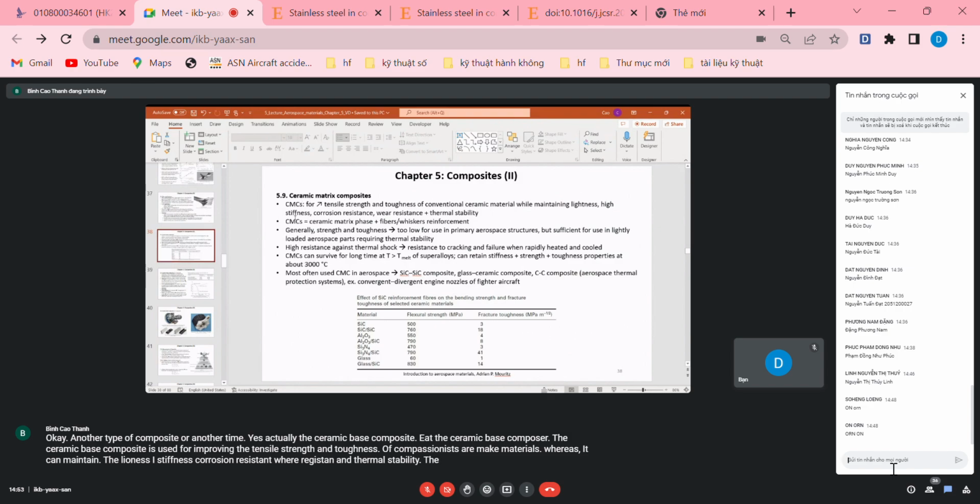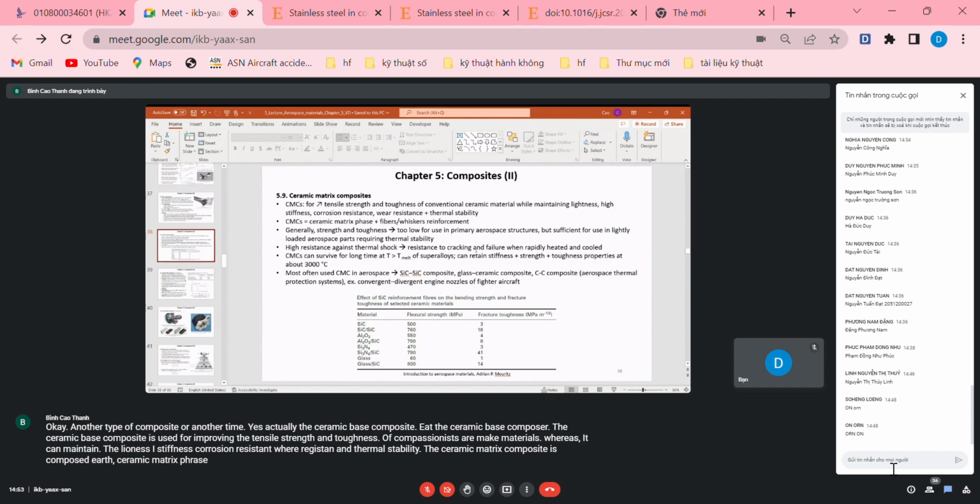The ceramic matrix composite is composed of ceramic matrix phase and the reinforcement. The reinforcement can be in the form of fibers or whiskers.